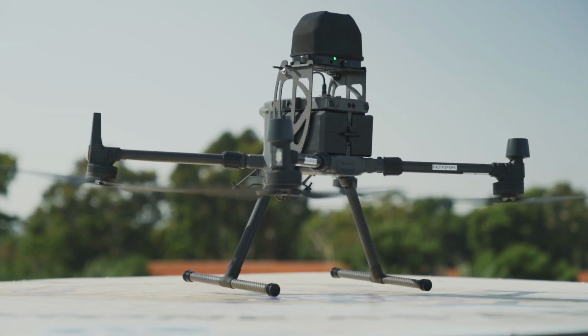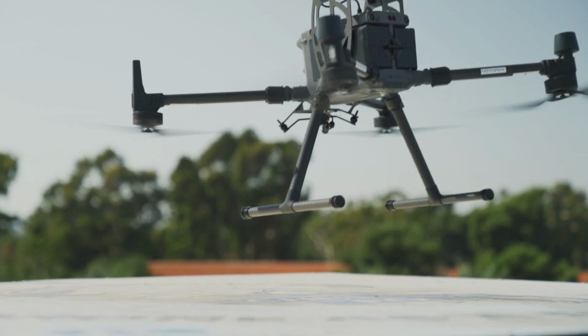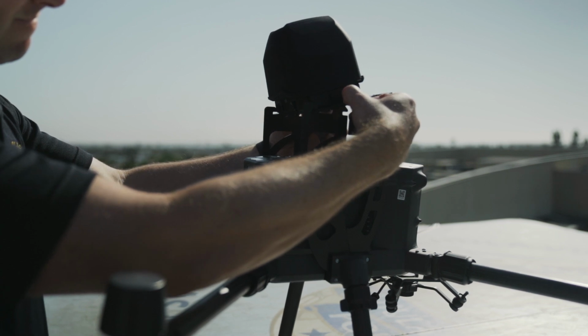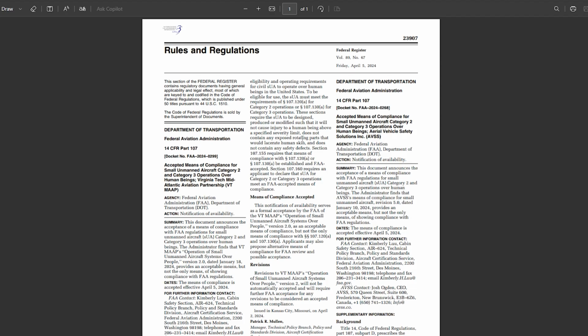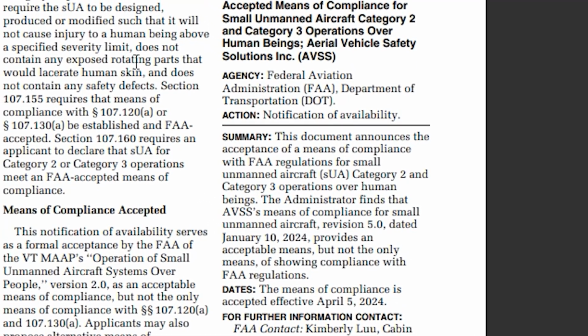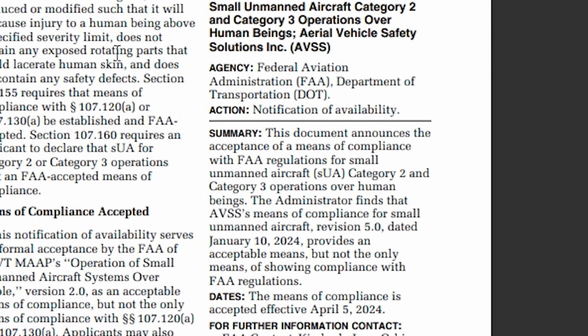That's where AVSS comes in. AVSS has spent the last several years working to bring a reliable solution to the market to satisfy requirements for operations over people. Not only that, but they've done the legwork and the research with the FAA to satisfy the requirements for these operations, and as of April 5th this year, the FAA has accepted AVSS's means of compliance.